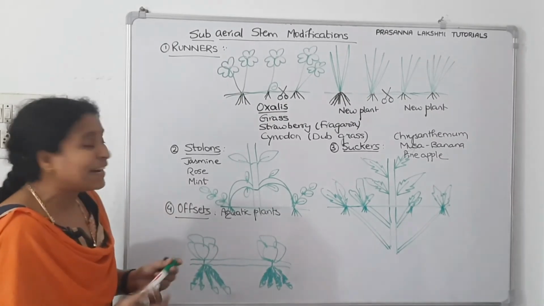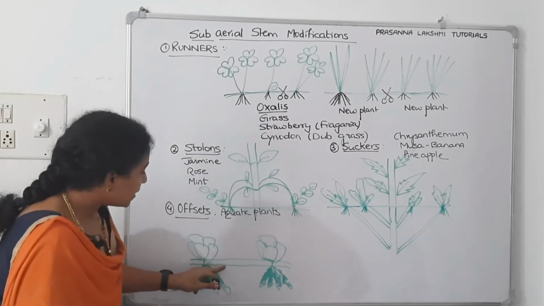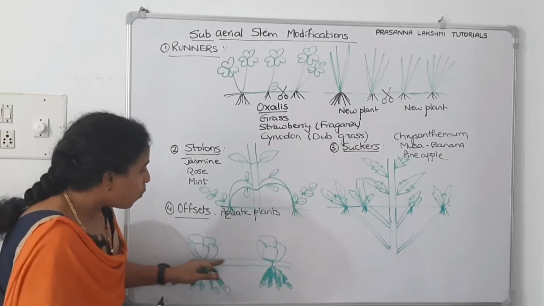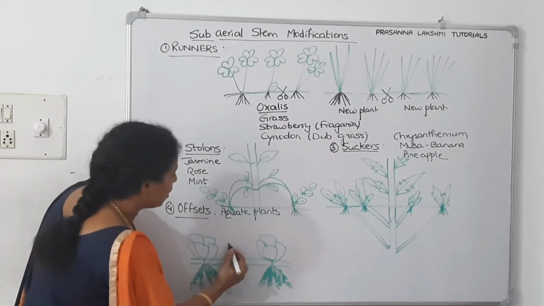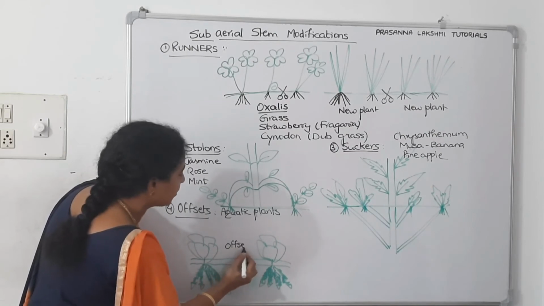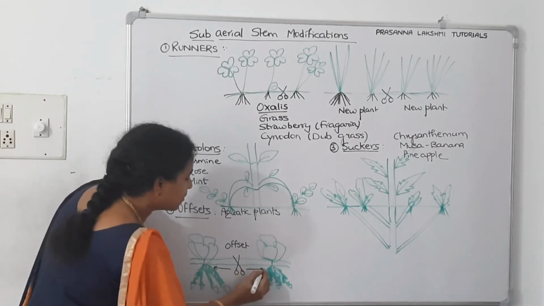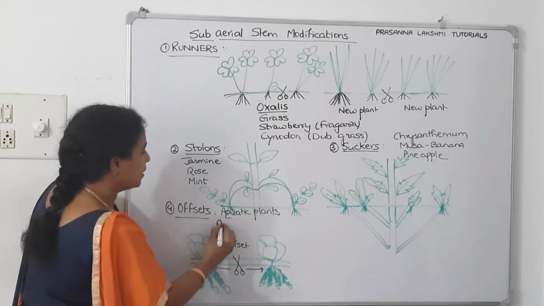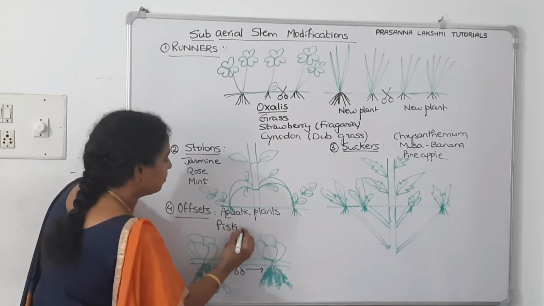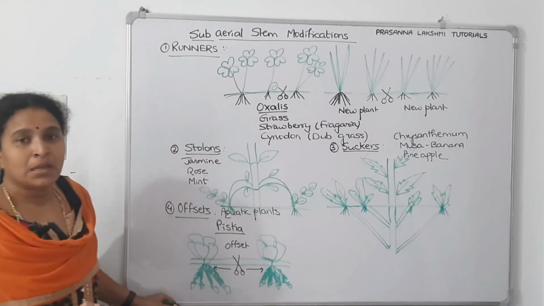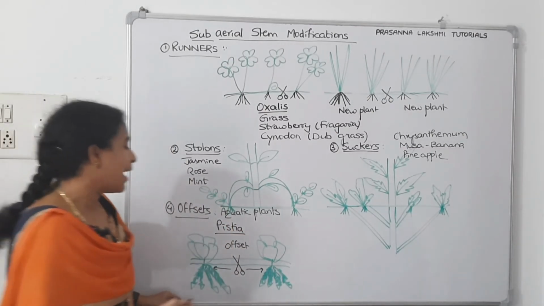Now, if you cut it accidentally and this is a node, one internodal distance is called an offset. And if you cut the offset, this becomes a new plant, this becomes a new plant, and this plant is called Pistia, water lily. The second one is called Eichhornia.